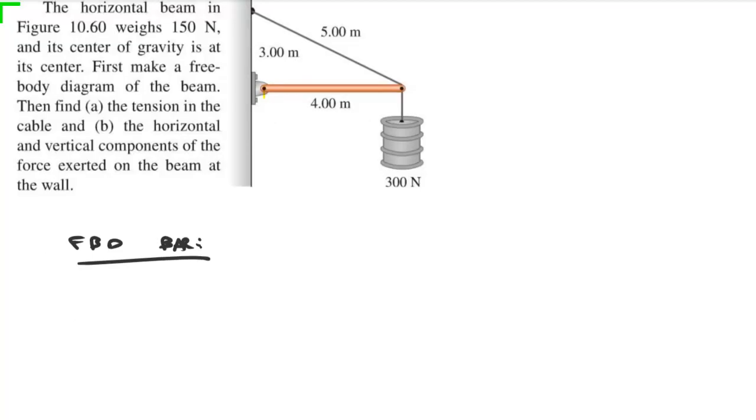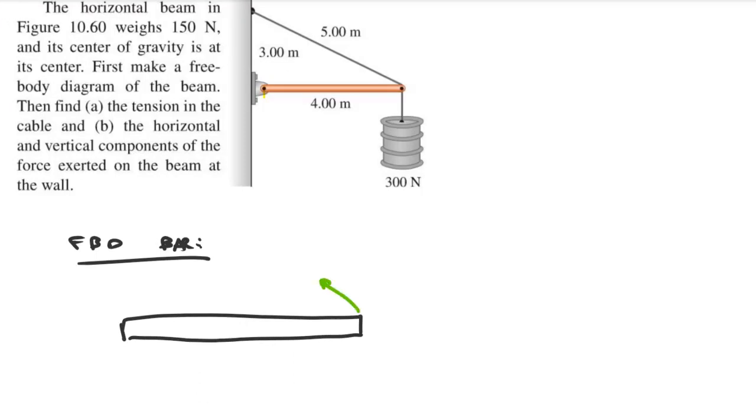and it looks like we have tension here going this way, and we have some, I'll call this H, like a hinge in the X and a hinge in the Y. There's a 300 Newton barrel kind of just pulling off of here.